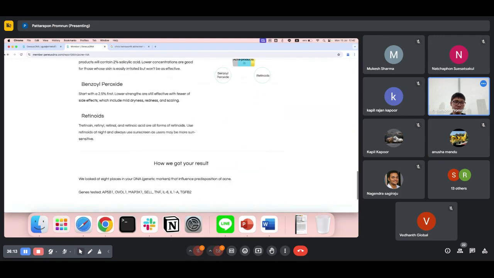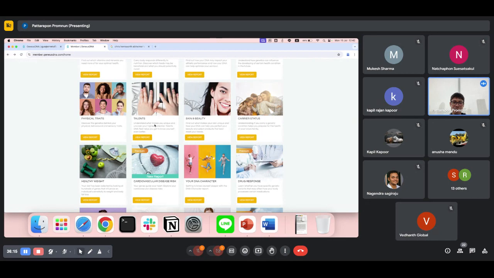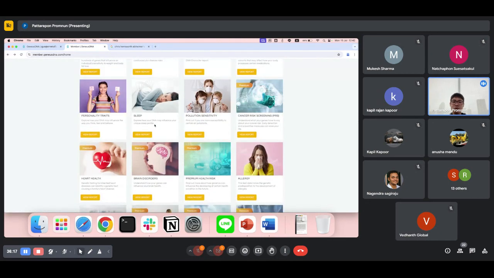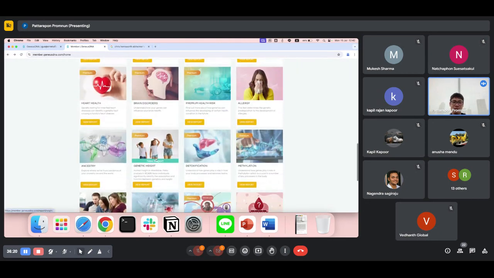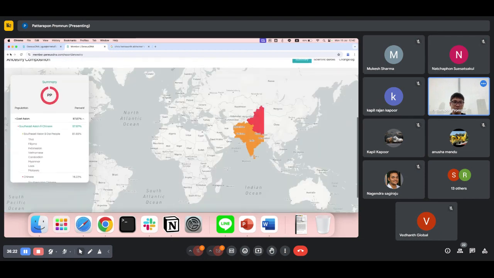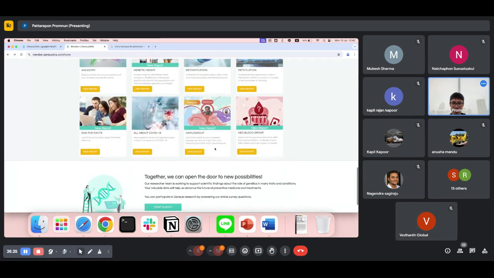Actually, some of our reports are interactive, such as haplogroup. This is also a new report. We can predict your blood group from DNA as well. So how accurate is it? When I read this one, it says there is more chance that it is a certain blood group, and I see it in the website and application, whether what you said is correct or not.